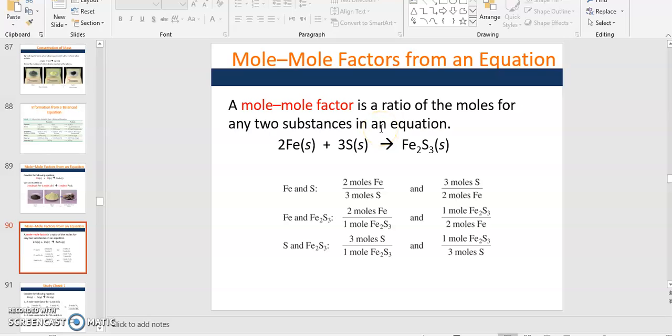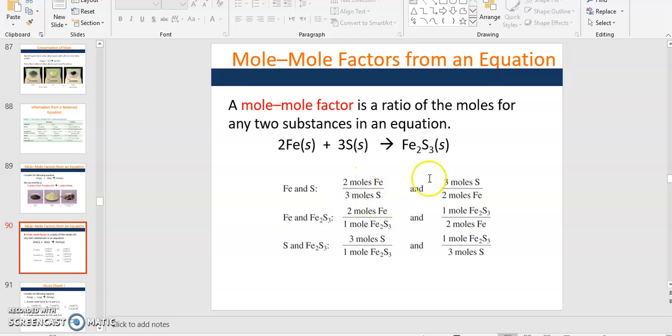So you can play around using the mole to mole ratio to make a connection between the reactants and the product, or even one of the reactants and one of the products. It depends. So you can say here that 2 moles of Fe equal 3 moles of sulfur.